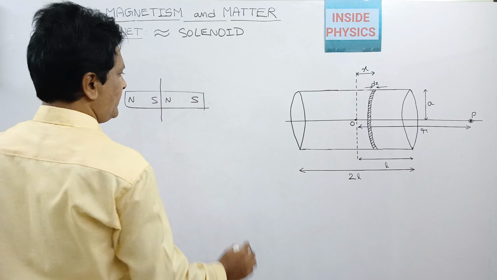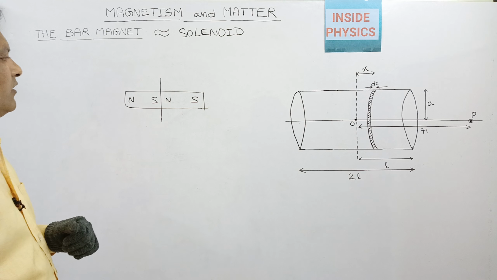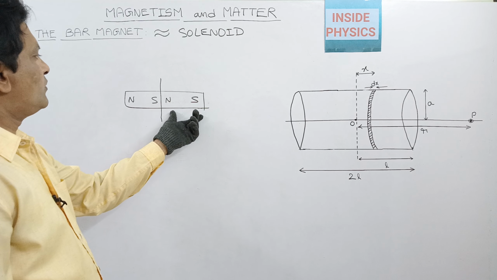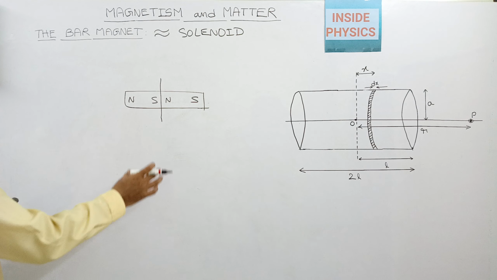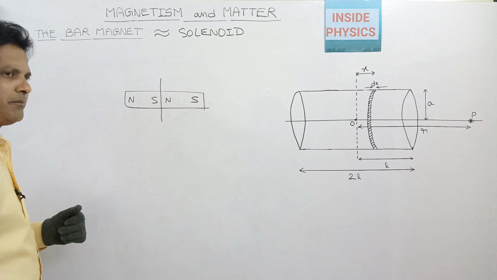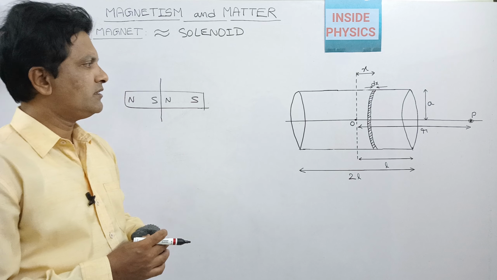So an ideal single north pole or south pole cannot be found, and there will be two poles arranged in a similar order. These two broken pieces will act as two separate magnets with lesser magnetic properties.